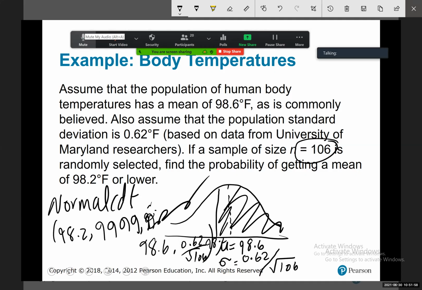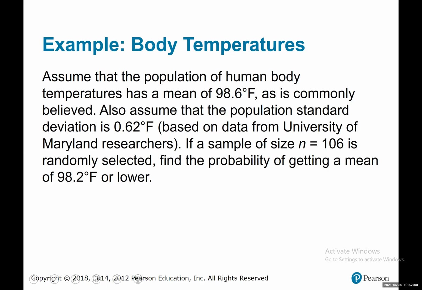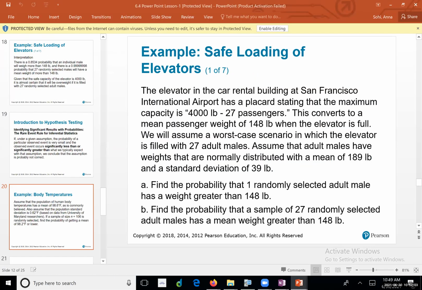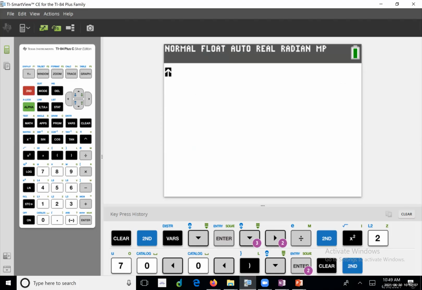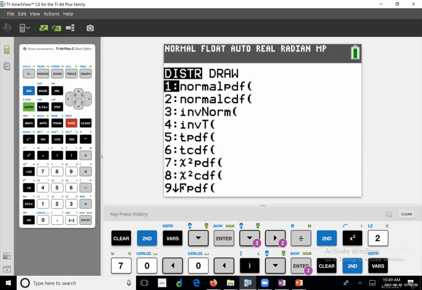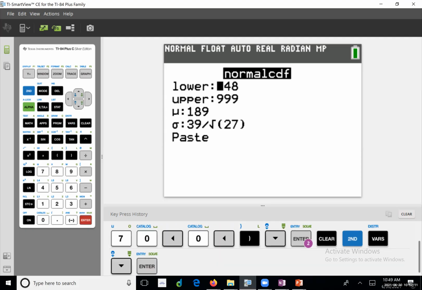I'm going to use that on my calculator. So let's go to second, distribution. The lower is 98.2, was it? The average was, yeah.